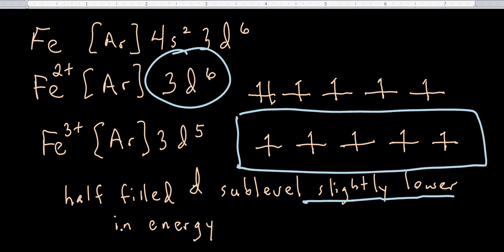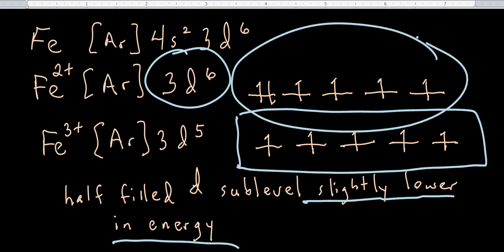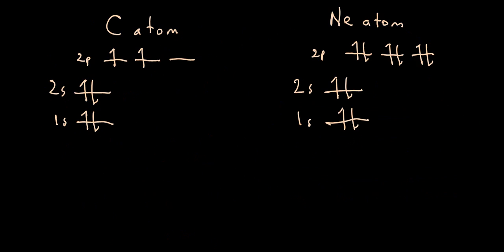This half filled arrangement is slightly lower in energy than the alternative arrangement, and consequently that's why we form this Fe3+ ion, where the final configuration would have the argon core and then 3d5.